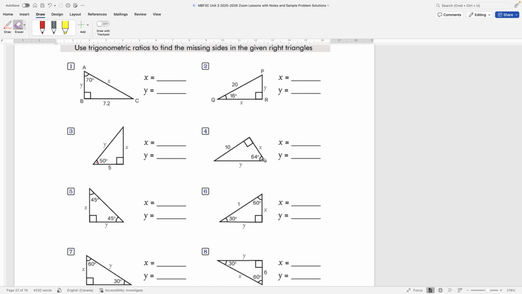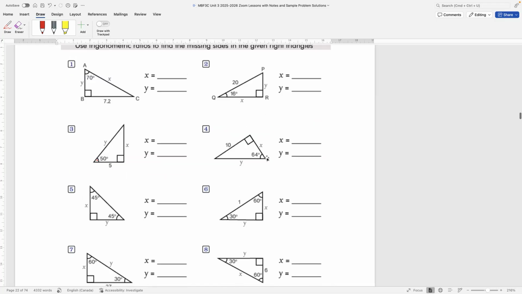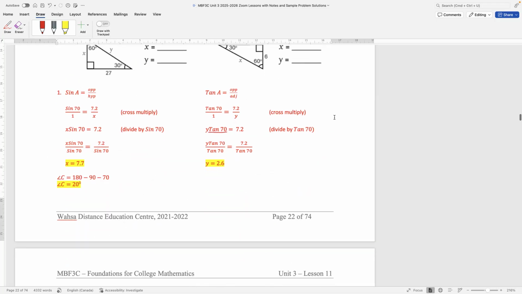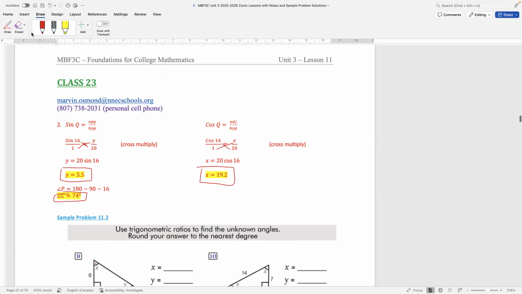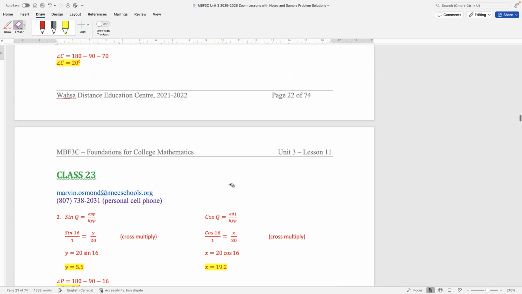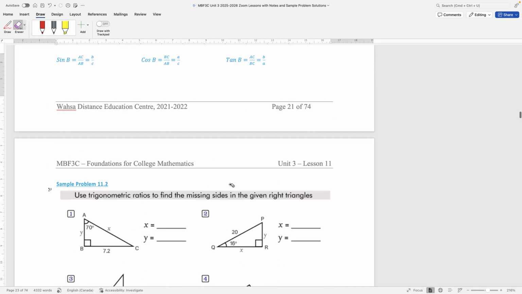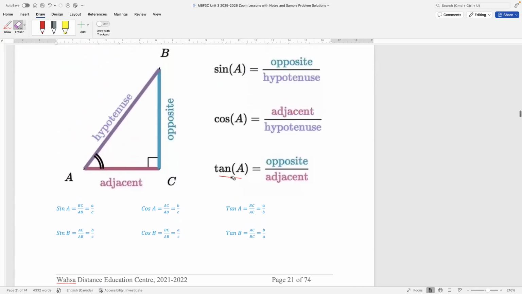You saw examples where you had to cross multiply and divide, and sometimes, like down here, we cross multiply then divide. And on these right here, we just had to cross multiply, and then we end up with the answer.